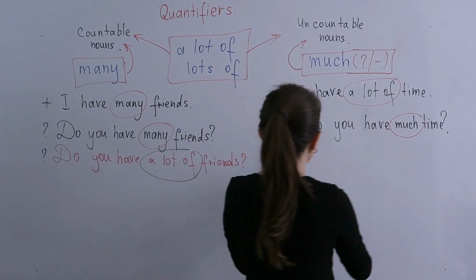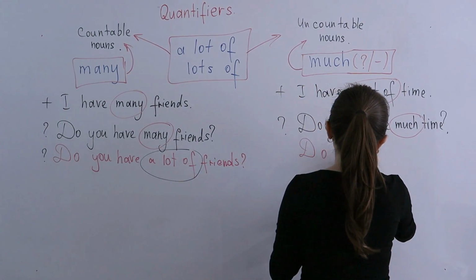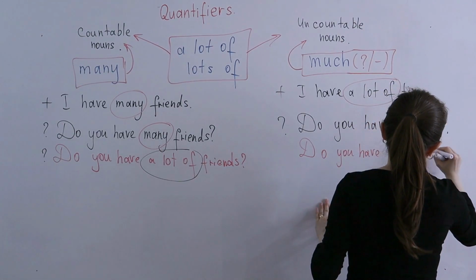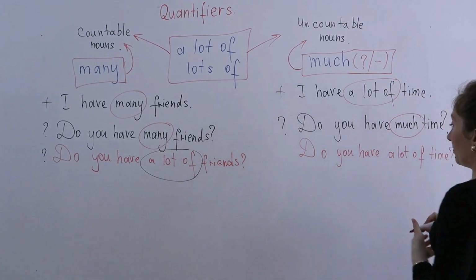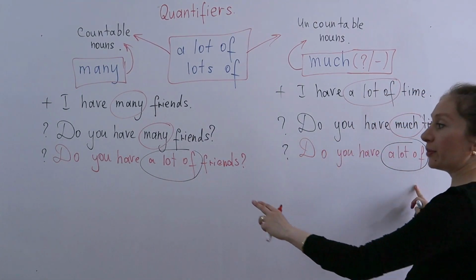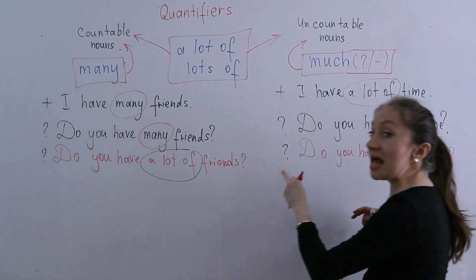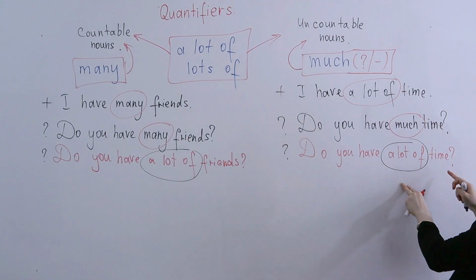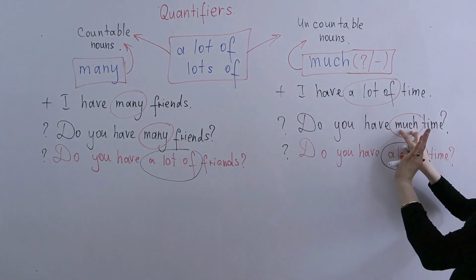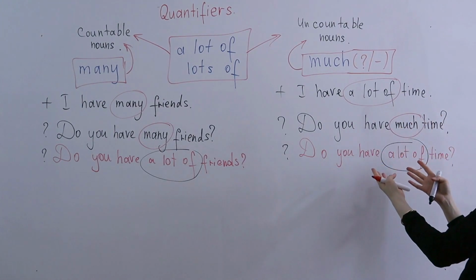And here also, do you have a lot of time? So as you can see, a lot of can be used in both sides. With countable nouns, a lot of friends, and with uncountable nouns, a lot of time. But if you use much, you don't use it in the positive. You can say, do you have a lot of time? Do you have much time?